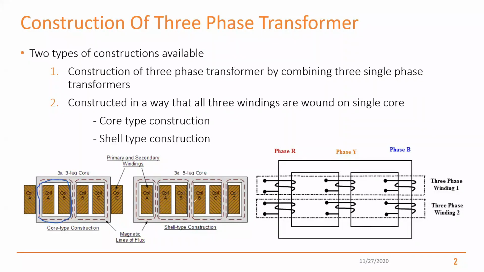Whereas in shell type, each coil has two magnetic circuits, this one and this one for this limb. Both are linked to this coil A. Therefore we have two magnetic paths.